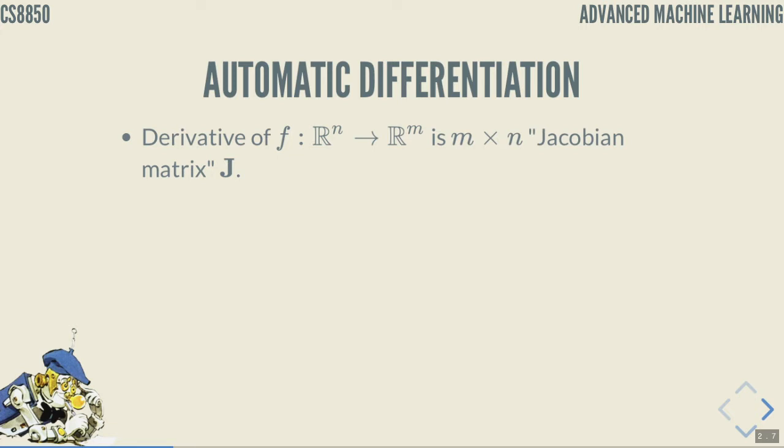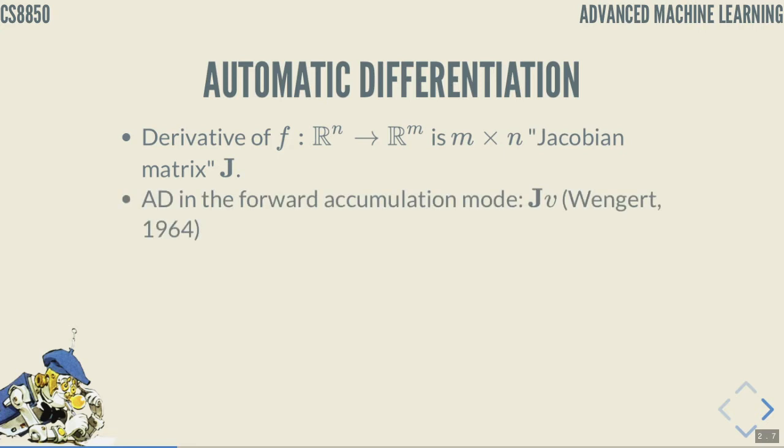As you know, the derivative of a function that maps from n-dimensional space to m-dimensional space is an m by n Jacobian matrix J, and we've considered that already. AD in the forward accumulation mode computes Jacobian times a vector, and Wengert introduced that in 1964.